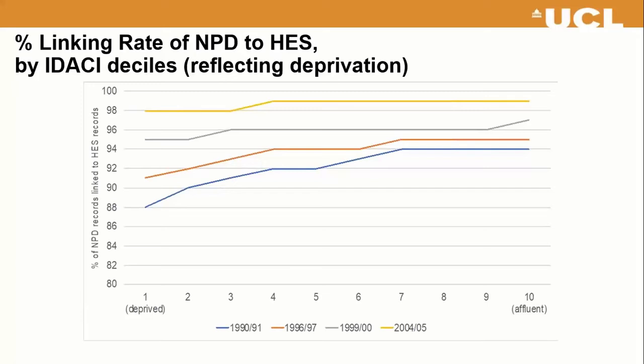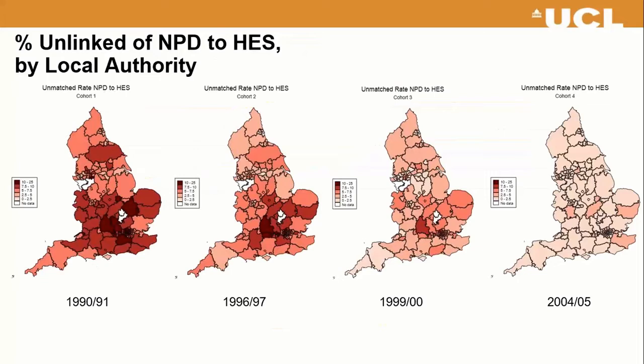You could see that the linkage rate gradient of deprivation is less steep for the youngest cohorts. We were also interested in looking at geographical variation of this, and so this map shows the opposite: the unlinked rate from NPD to HES.